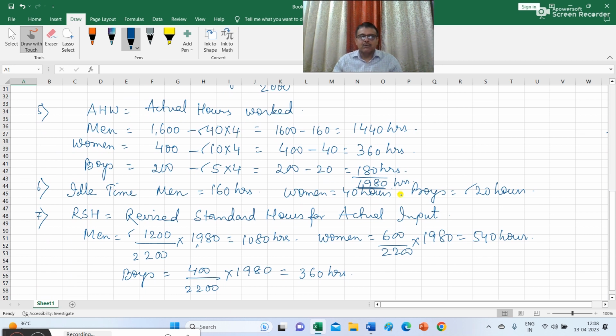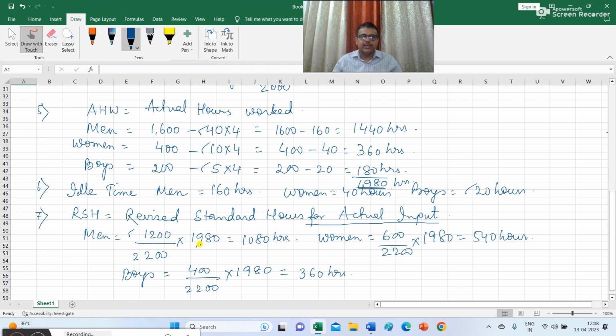And total actual hours is 1,980. Idle time is the sixth parameter, and seventh parameter is the revised standard hours for actual input. This word is very important for your understanding. For actual input, that is the actual hours worked by the gang, you have to allocate these hours as per the standard. So 1,200 by 2,200 and multiply this factor with 1980.